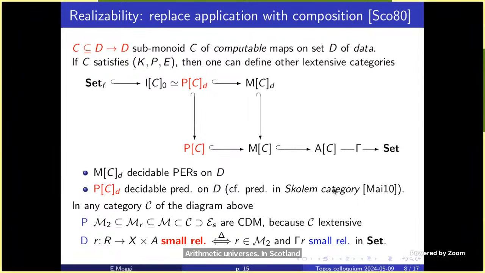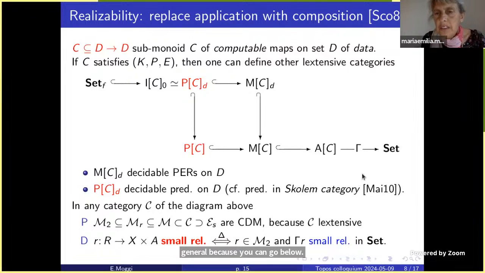So in that case, you will have to use the monoid of primitive recursive maps to have a Cartesian category, but yes, it would fit in this framework. And it's somehow more general because you can go below primitive recursive maps.